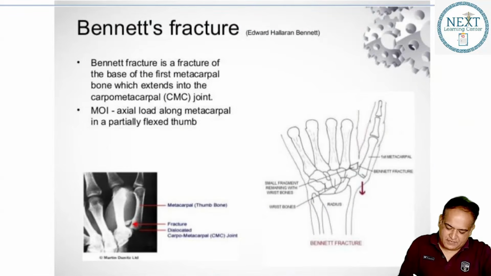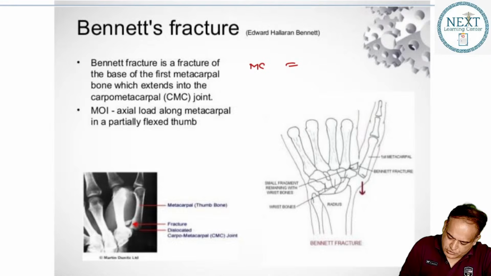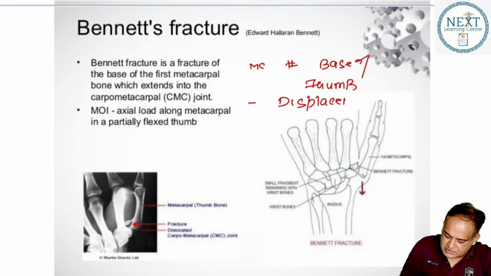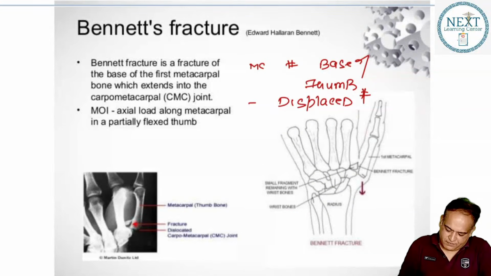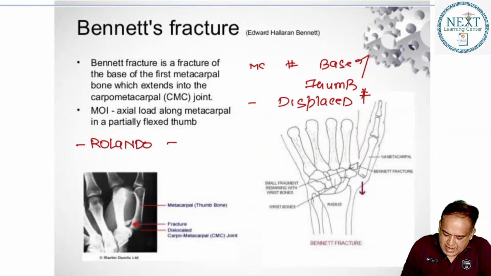Now, Bennett fracture. Bennett fracture is the most common fracture of the base of the thumb. And what kind of fracture is it? It is a displaced fracture. Bennett fracture is displaced, and Rolando fracture, what is it?